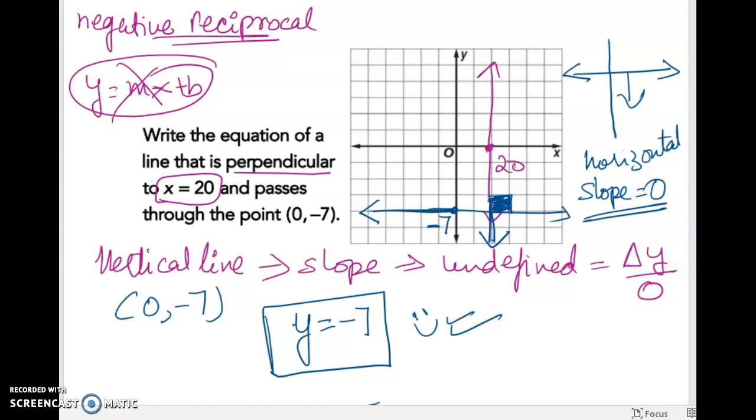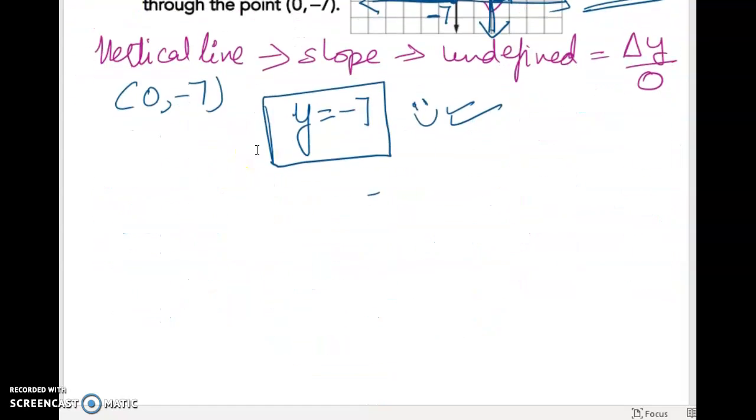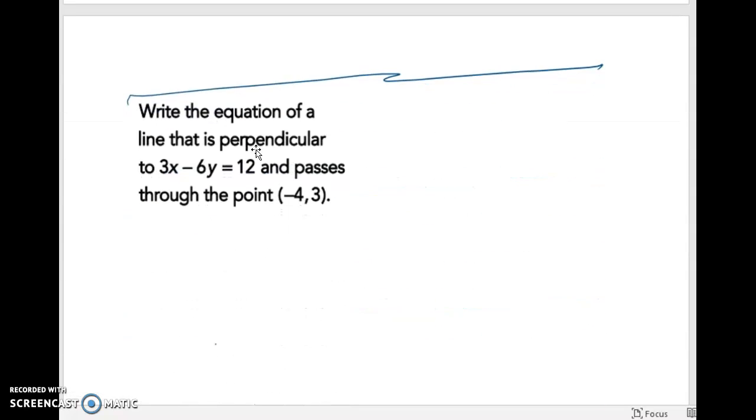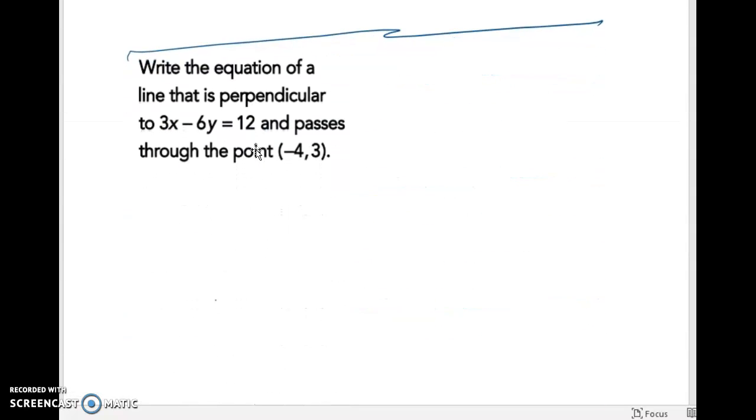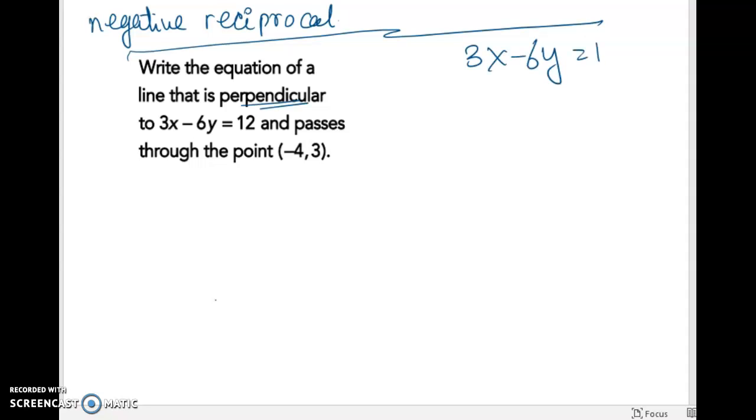This is what we always wanted to know. Okay, let's try one more. In this case, again, they are asking about perpendicular. So perpendicular means negative reciprocal slope, right? Okay. And the equation is 3x minus 6y is equal to 12.